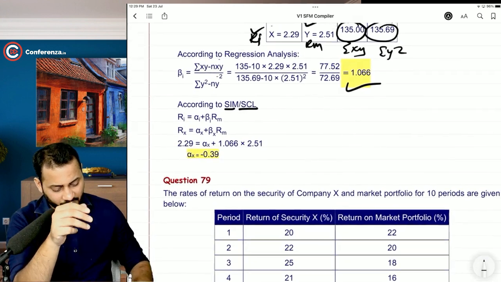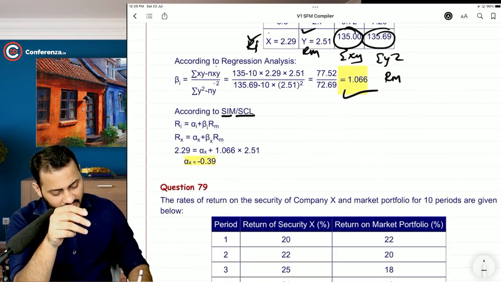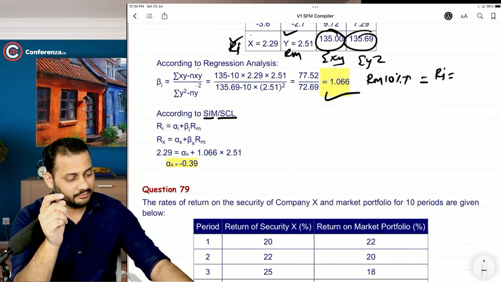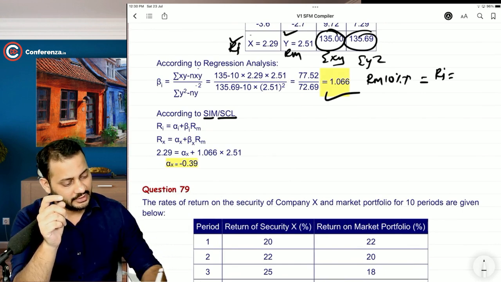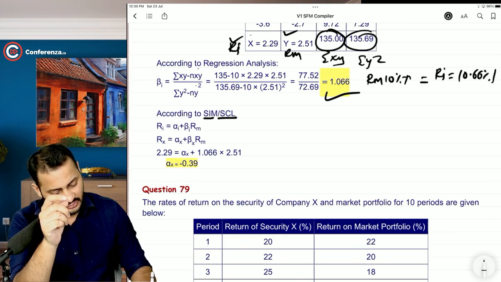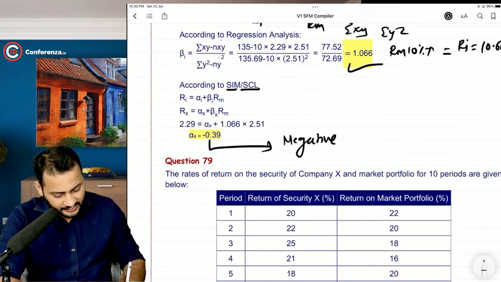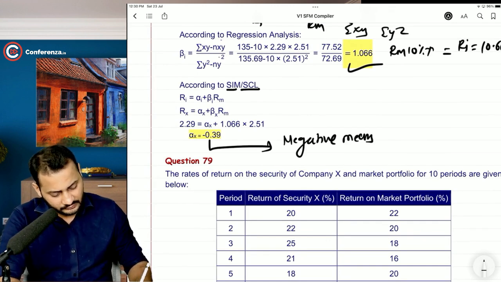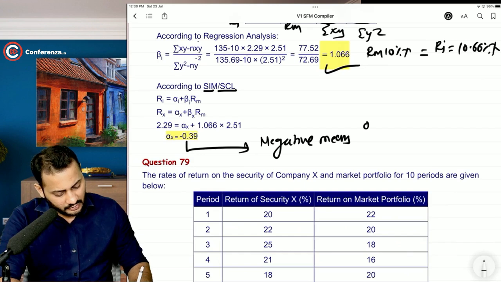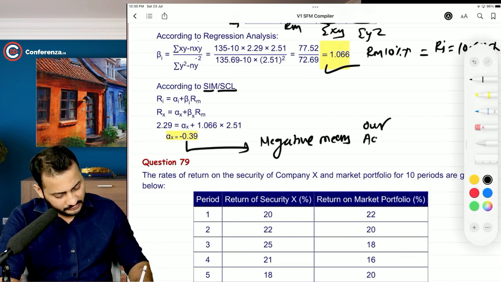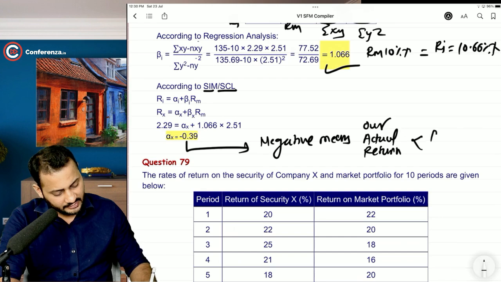Now what does that mean? Beta is 1.066. If the market return goes 10% above, the security's return will be 1.066 times 10%, that's 10.66%. Okay. What do you mean by the alpha? It is negative. Negative means our actual return is less than the required return.